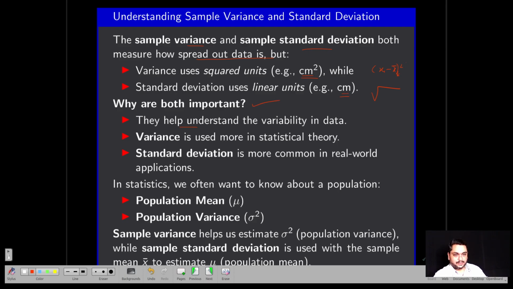Why are both important? They help understand the variability in the data. Variance is used more in statistical theory. When you devise a mathematical model in statistics, we usually use variance because it helps us model it easily. Whereas when you apply your model in the real world, we usually go for standard deviation.